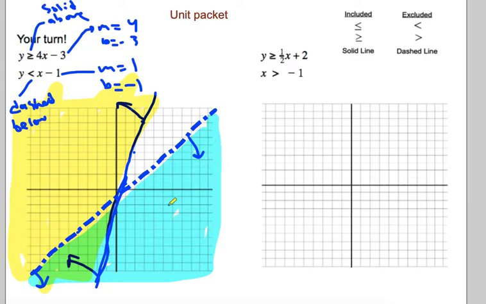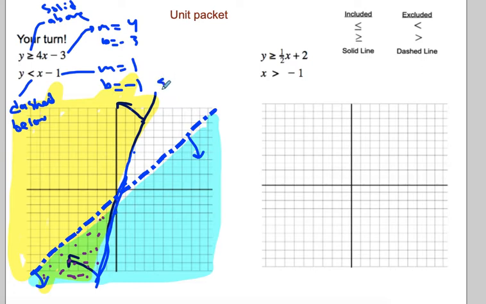Everything in this blue color represents a solution to that inequality, and anything in the overlap represents a solution that satisfies both of them. So any single point in here that you pick will satisfy both this line and the second line.